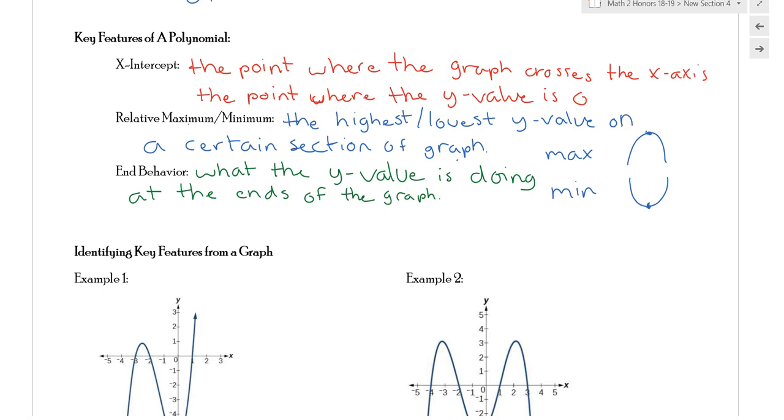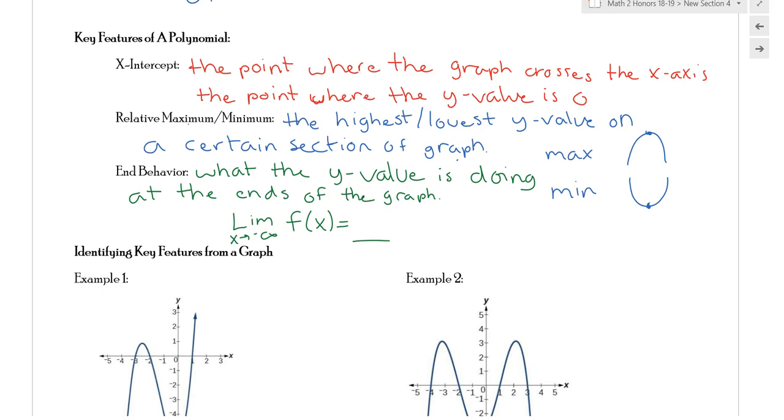And we have very specific notation. It's called limit notation. So we say the limit, and underneath it, as x is approaching negative infinity. Negative infinity is on the left side of your graph. So as your graph is going left, then next to it, f of x equals, and then whatever.